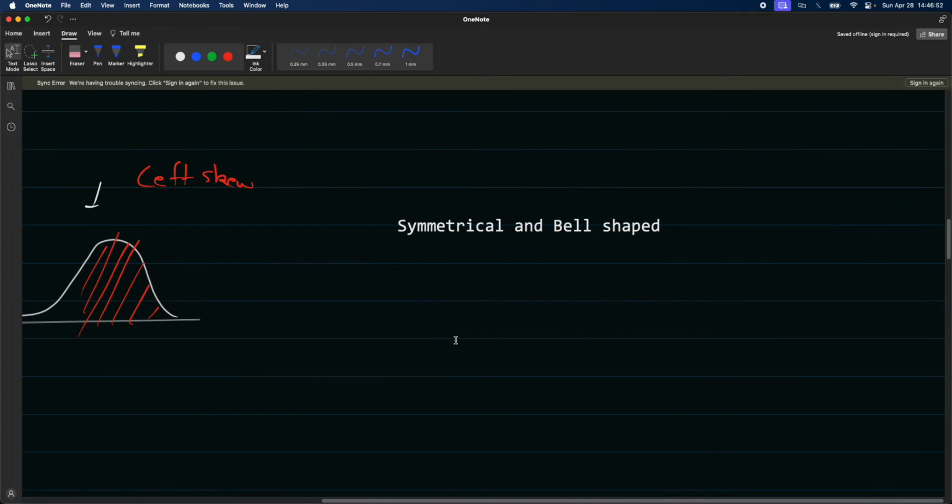And then we also need to talk about symmetrical and bell-shaped. This confused me at first because I thought they were the same, but they're not. Symmetrical means if I cut this in half, will the halves be mirror images of each other?